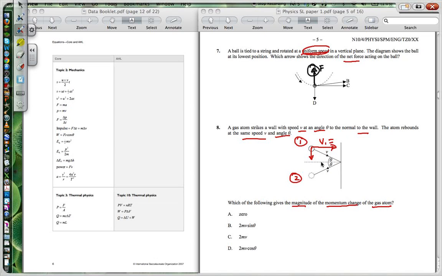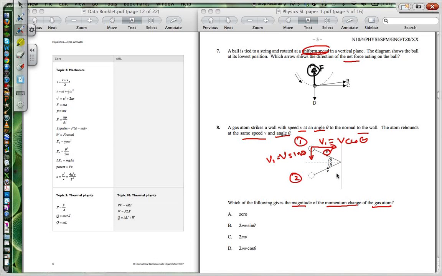When we look at this triangle here, we can use simple trigonometry. We've got V as our hypotenuse. We're looking at the adjacent, so it's going to be V cos theta. Your vertical is going to be V sin theta, and that's for V1. So V1 in that direction going down.